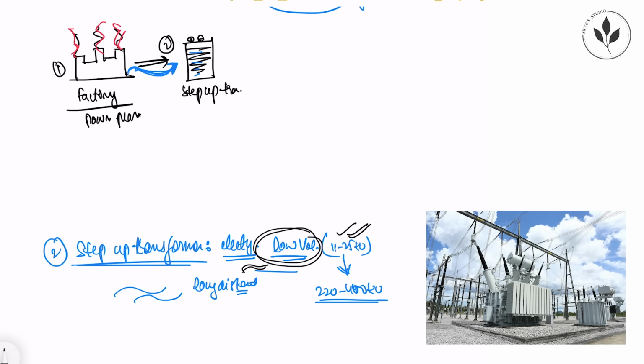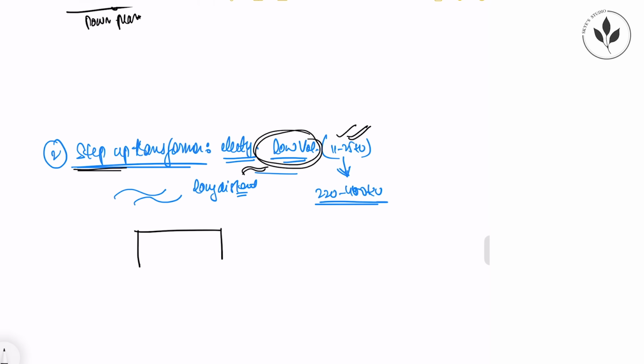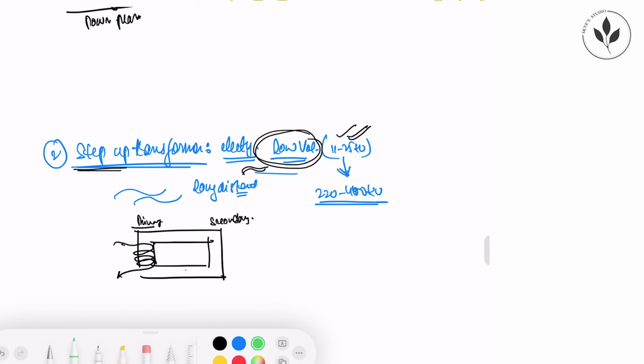Once the electricity has traveled through your area, the electricity will go to your step up transformer, and the step up transformer will change the low voltage to high voltage. Now in our step up transformer we have a core something like this, and the primary core is the core which is taking the voltage directly produced by your solar power plant, and like we said it is around 11 to 25 kilovolts.